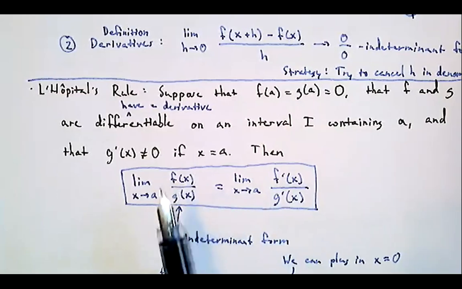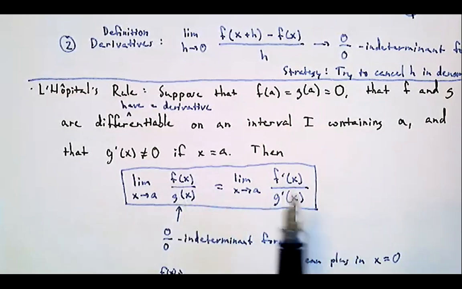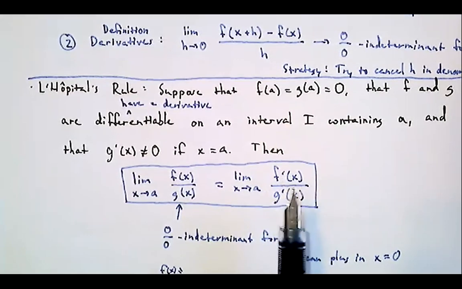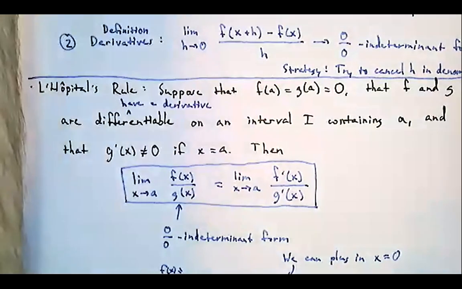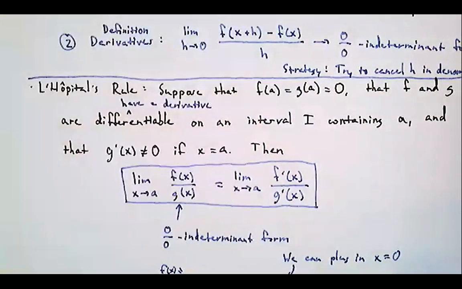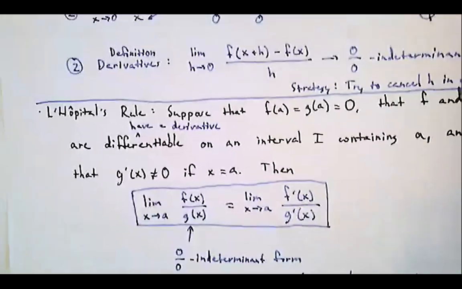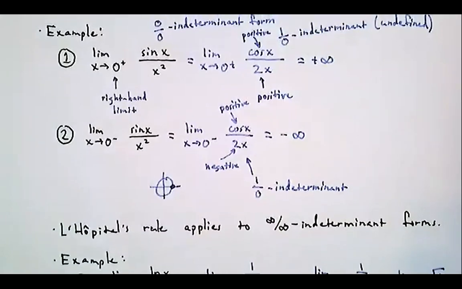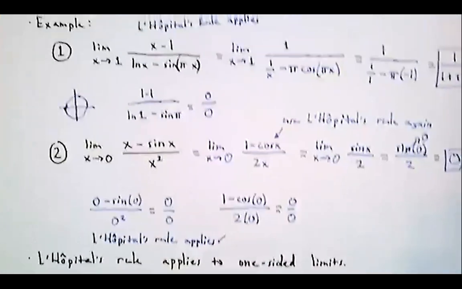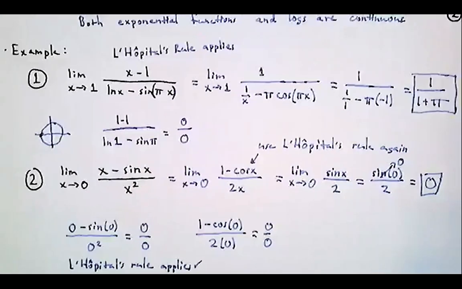So this limit f over g becomes f prime over g prime. And then a lot of the time, taking the derivatives allows us to finish off and actually find the limit that we're trying to compute. And then last time we did several examples where that worked out.